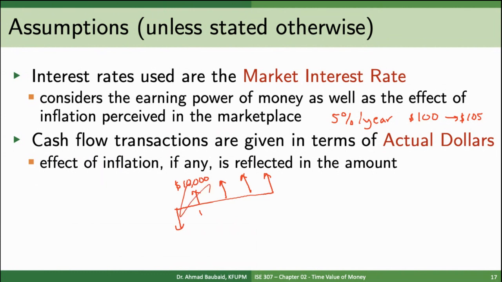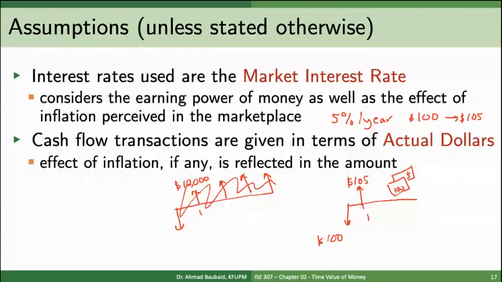So for example, maybe I'll just give you a clearer example. Let me say you invest $100, and then a year from now, you take that money out and you see $105. So what this means, the 105, is you're actually going to get two bills, one with $100 and one with $5.